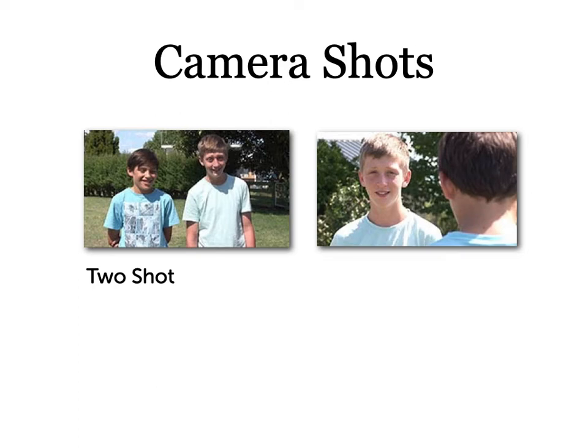Now, when you do have this kind of shot, you want to have your subjects pretty close together, because in this particular example, I would probably have those two young men stand even closer together, because the best real estate in that frame, the very center of the frame, we're seeing the background. So you do have to think about composition in a two-shot a little bit differently than in shots where you have a single subject.